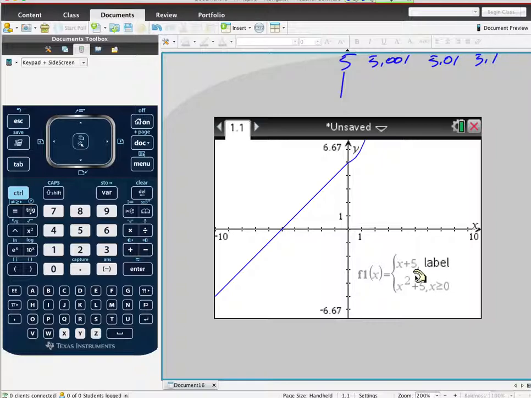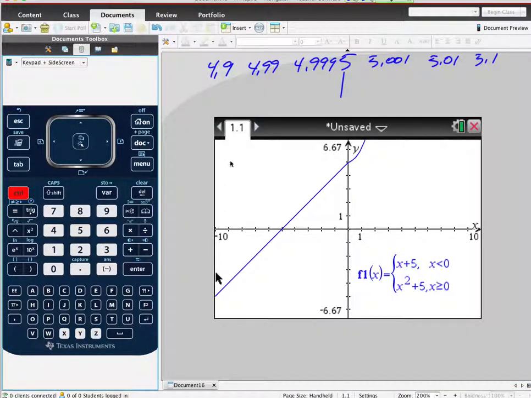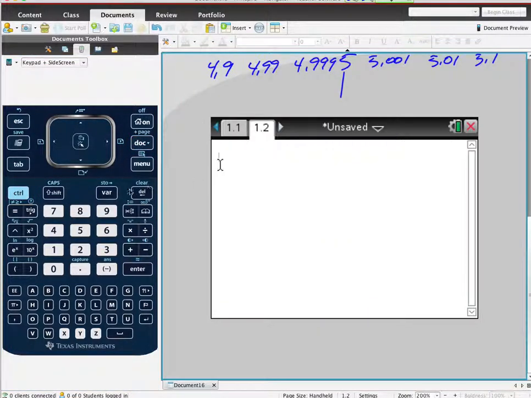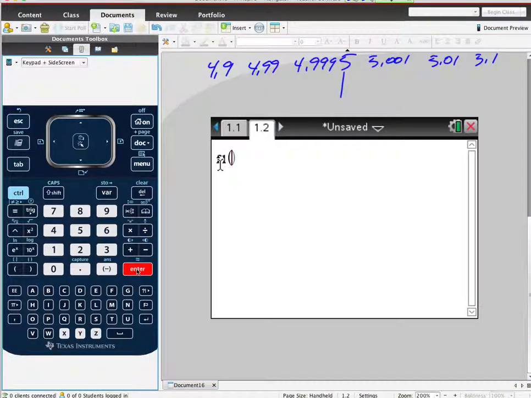On the left side: 4.999, 4.99, 4.9. Okay, so let's plug them in. Control doc, new calculator, variable, enter 4.9, and so on.